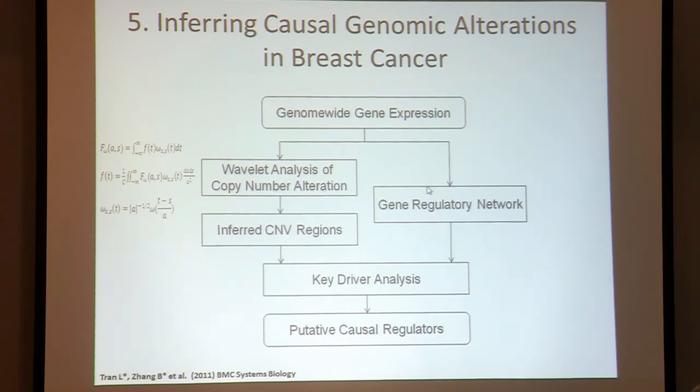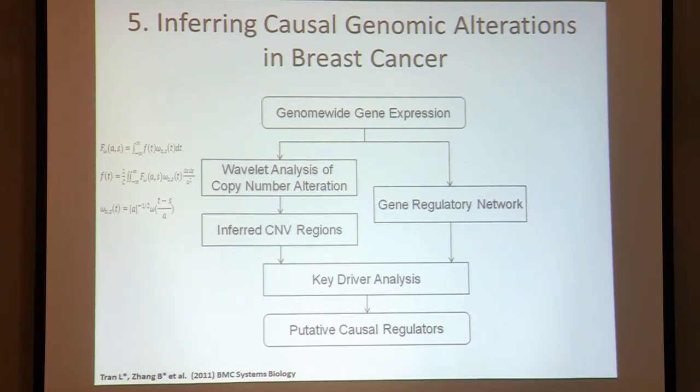Yeah. So another application is the cancer gene network. Because the input of the key driver analysis is a gene list and a Bayesian network, in this approach we try to use different ways to identify relevant genes first.